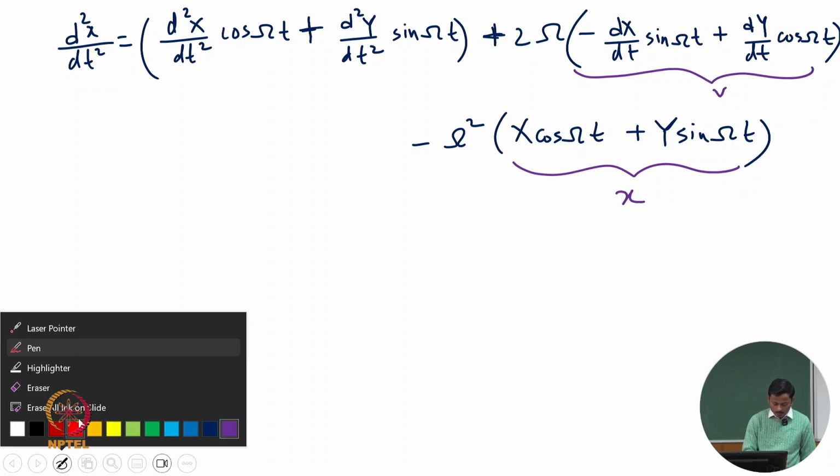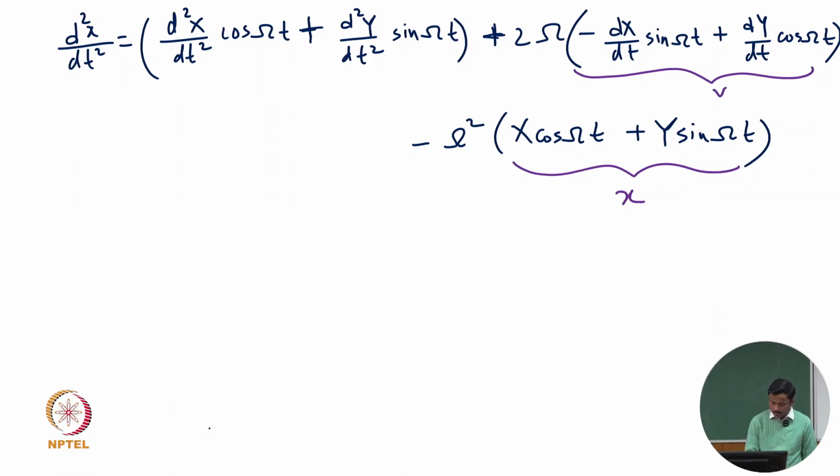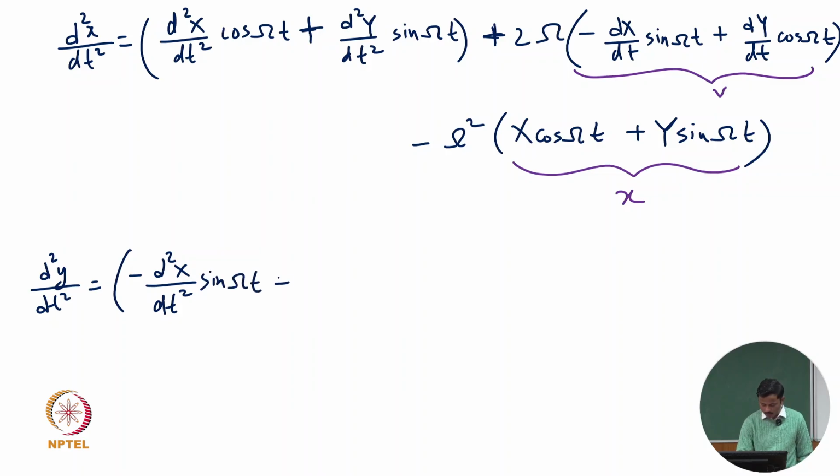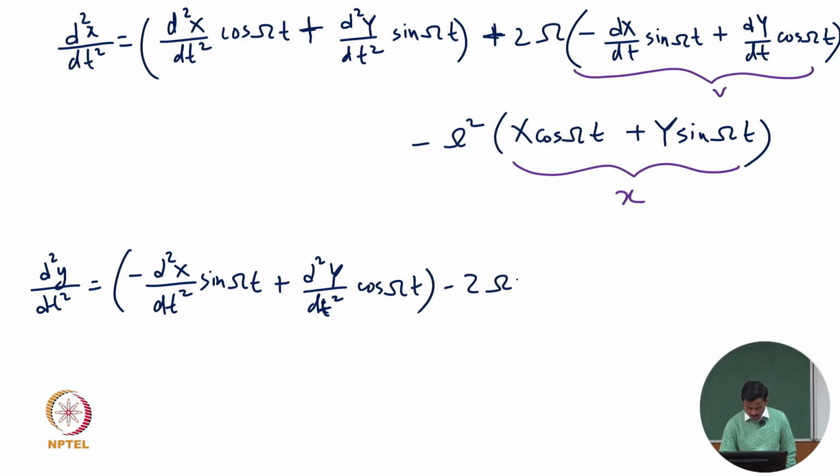Similarly, we will write the expression for d squared y by dt squared: minus d squared x by dt squared sin omega t plus d squared capital Y by dt squared cos omega t minus 2 omega.